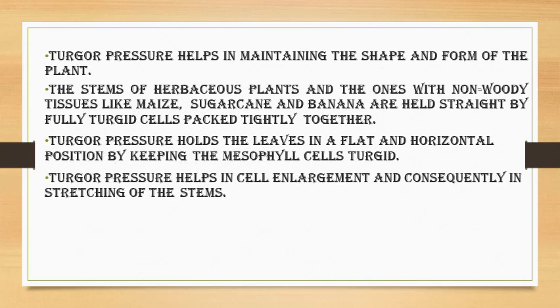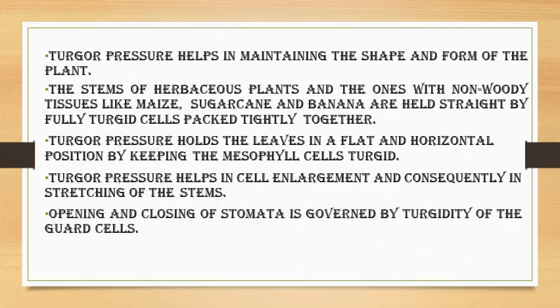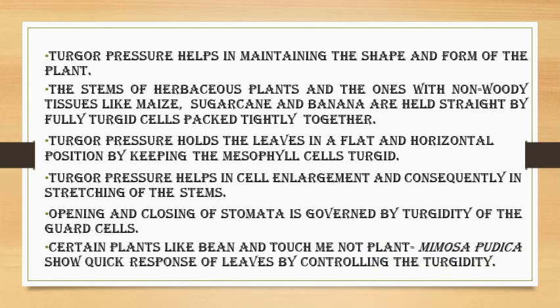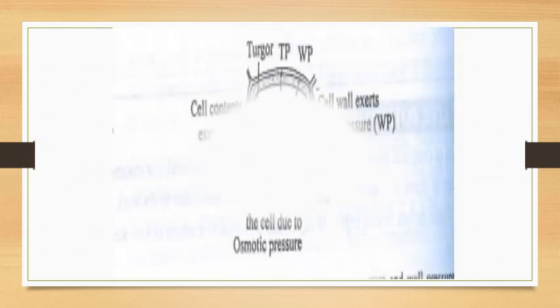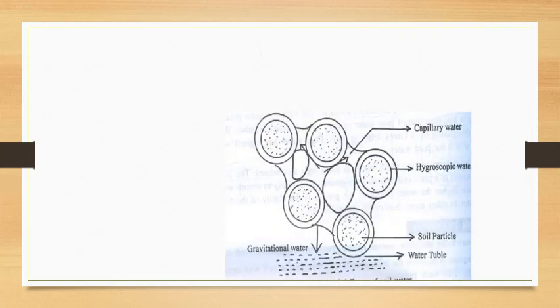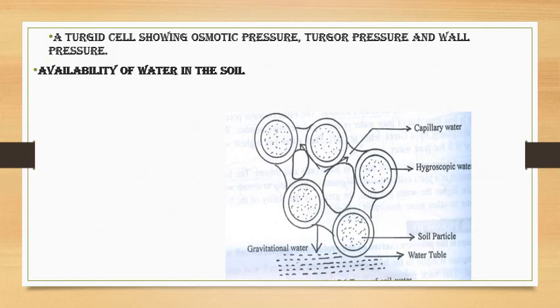Turgor pressure helps in cell enlargement and consequently in stretching of the stems. Opening and closing of stomata is governed by turgidity of the guard cells. Certain plants like bean, nut plant and Mimosa pudica show quick response of leaves by turgidity. This is a turgid cell showing osmotic pressure, turgor pressure and wall pressure.